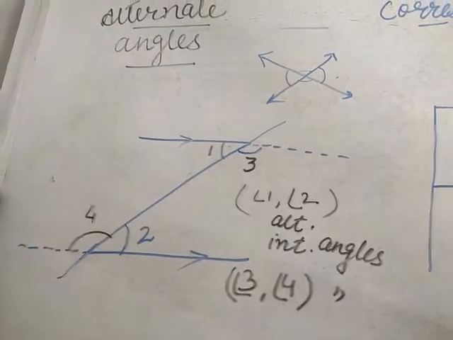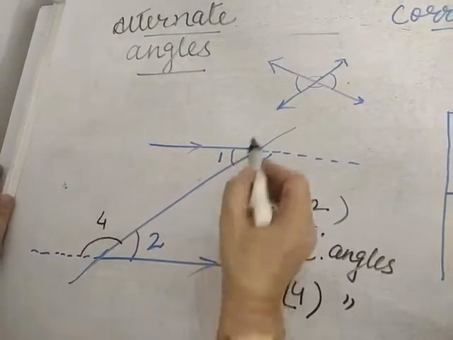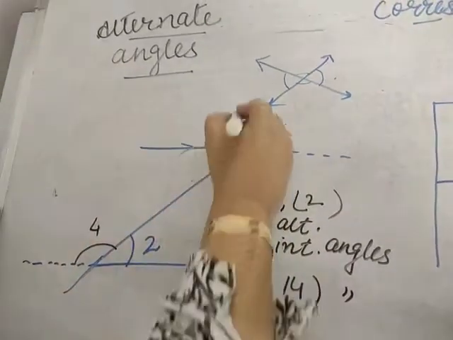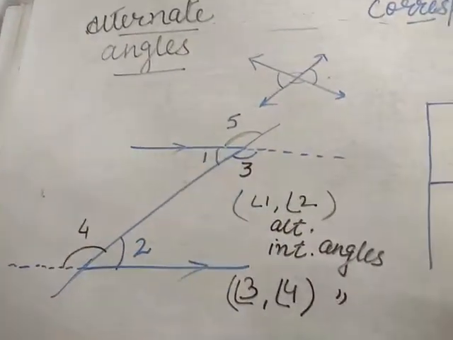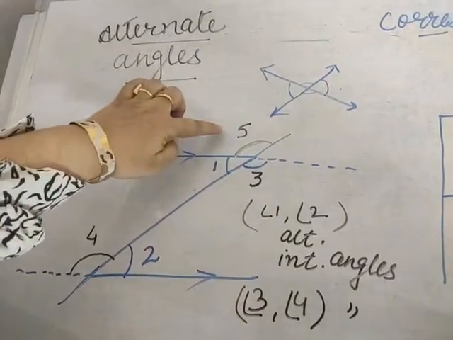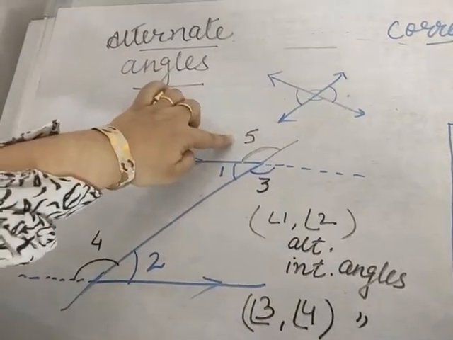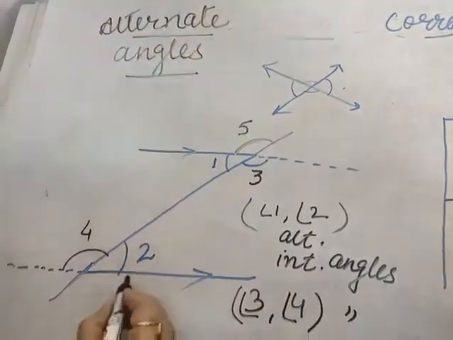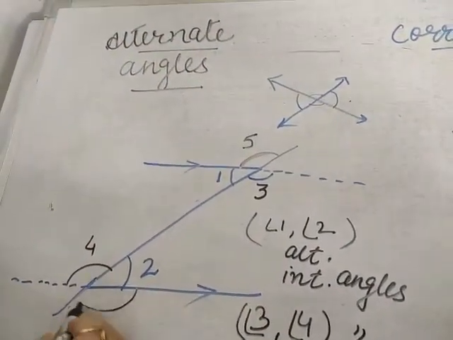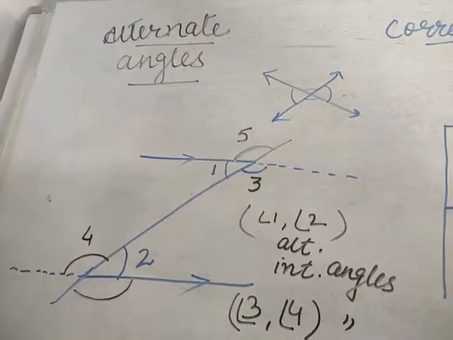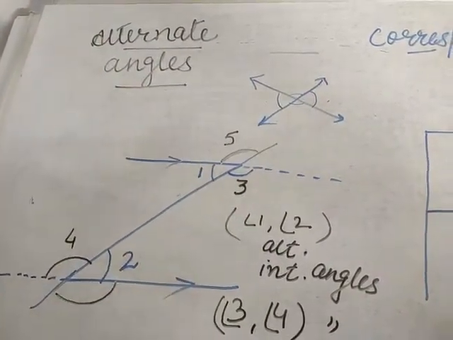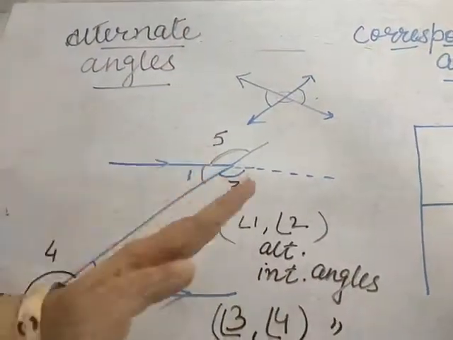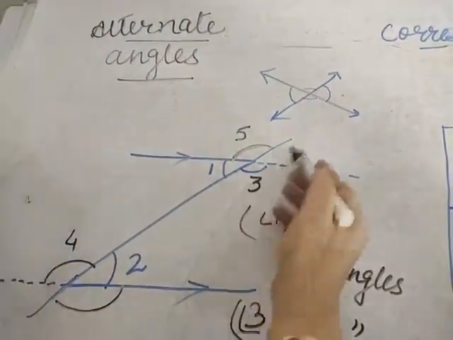Now if I am talking about exterior, if I take this angle as 5, this angle is an exterior angle and I have to find the alternate exterior angle. So this one is exterior, one is on top and one is at bottom. Both are on the alternate side of the arm. I am talking about this line.